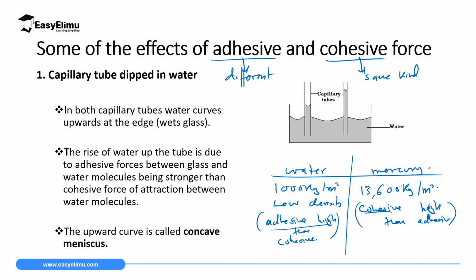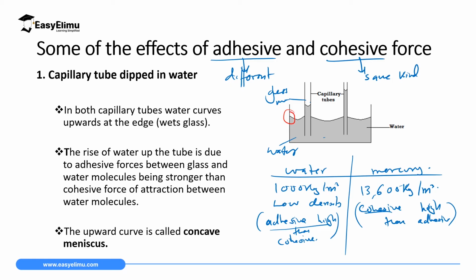Like in this case, if you have capillary tubes dipped in water, we have two different types of molecules here. We have water molecules, and then we have glass molecules. Now, in this case, water is less dense, and as we have mentioned, it means adhesive force will be stronger. So if adhesive force is stronger, we expect that at the point where the water meets the glass, the liquid will try to climb up the glass.